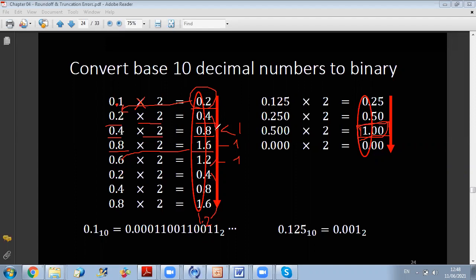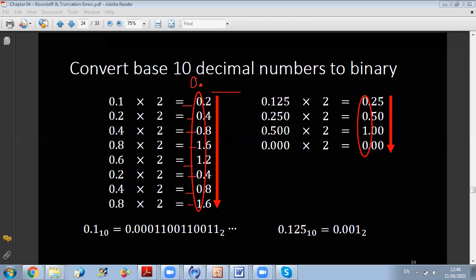So now, if you want to write what 0.1 is in base 2, then all you have to do after doing this is put 0, decimal point, and then you read from top to bottom, in opposite with the previous case when you have integers. So you read from top to bottom, you have 0, 0, 0, 1, 1, 0, 0, 1.